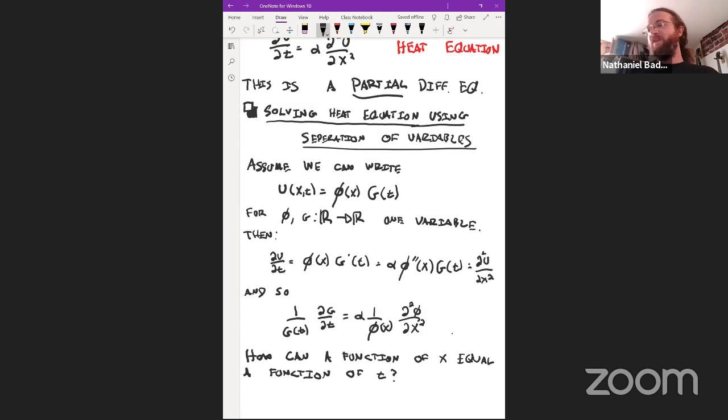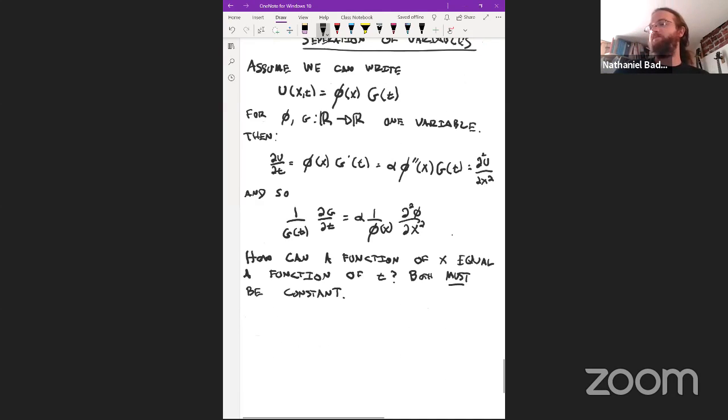The only way a function of x can equal a function of t is if both functions are constant, right? Otherwise, you could move x without moving t and the equality breaks. So both must be constant.